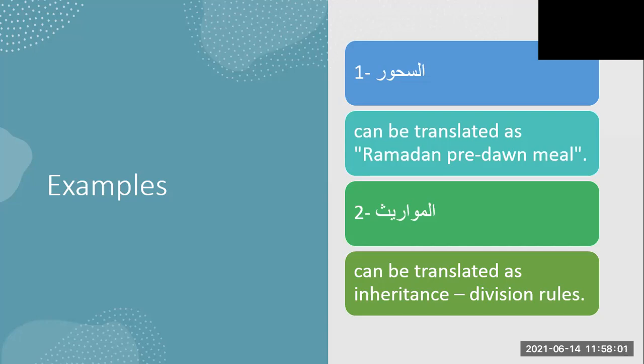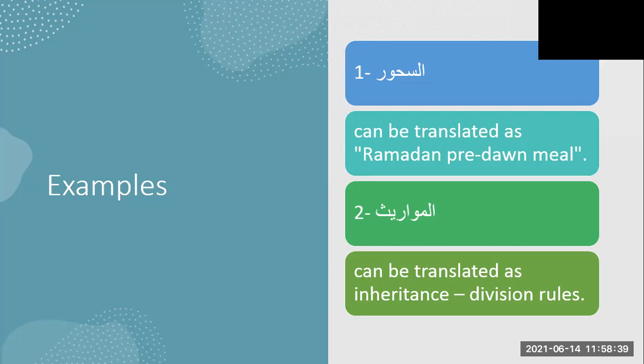Another example, المواريث. المواريث is not الميراث. الميراث is inheritance. تقسيم المواريث وقواعد المواريث exist only in Arabic. So how do we do that? Now we know الميراث is inheritance. So we can just put a hyphen, inheritance division rules.